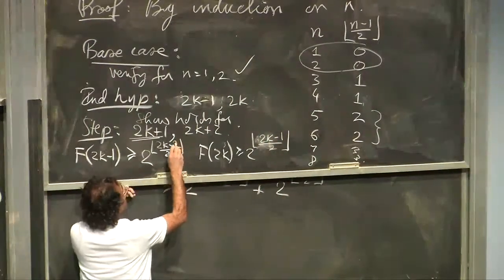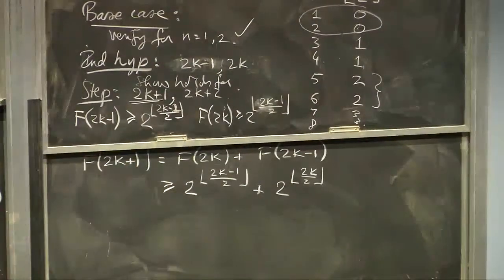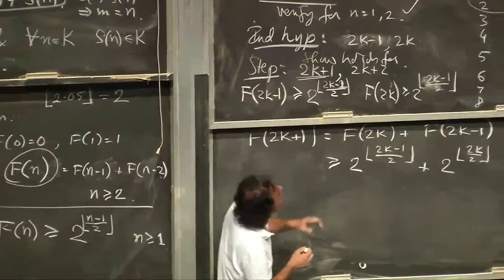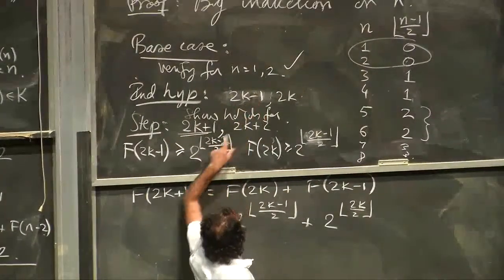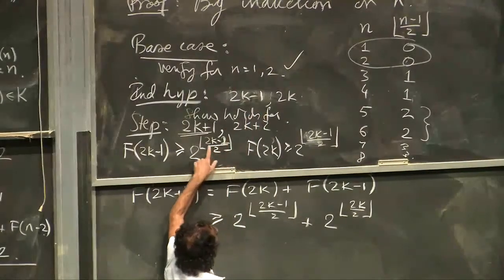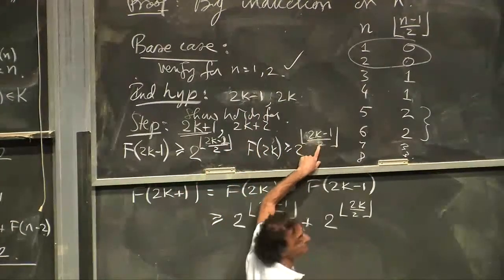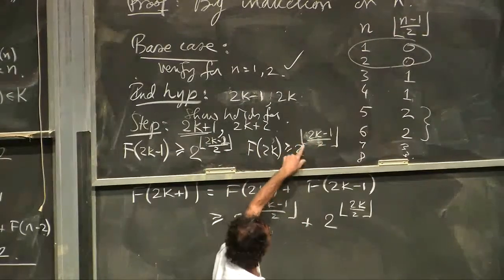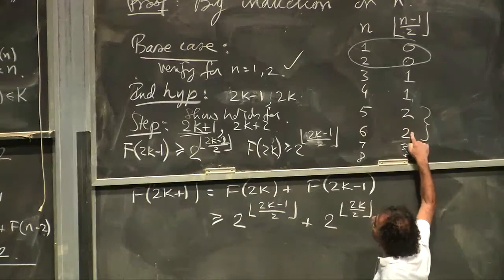Sorry, I'm making some arithmetic mistakes, but what we wanted was n minus 1 over 2. So we wanted 2k minus 2 over 2, and then 2k minus 1 over 2. But remember, when we take the floor of these two numbers, we get the same thing.